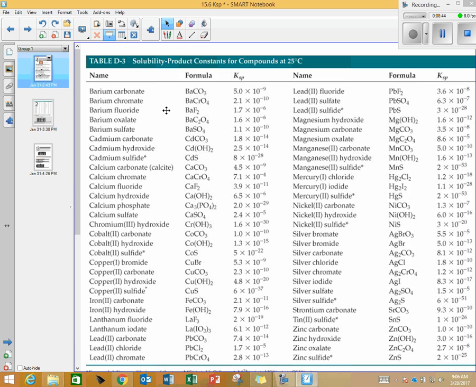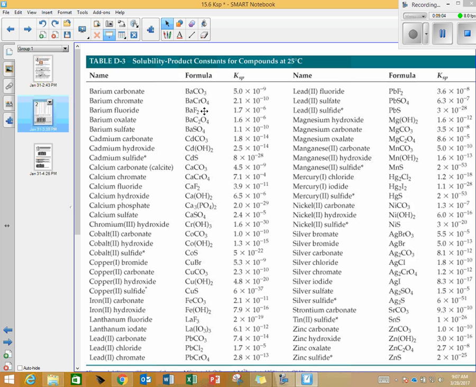So the bigger the K, the more soluble the substance is. You might want to write that down because that's not listed in the notes anywhere. So make a little note for yourself. Bigger K means more soluble if, and only if, you have the same number of positive and negative ions.